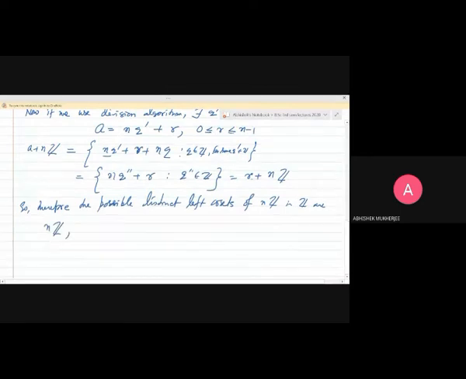Whenever you are taking 1, it will be 1 plus nZ. Whenever you are taking 2, it is 2 plus nZ, and so on, right?